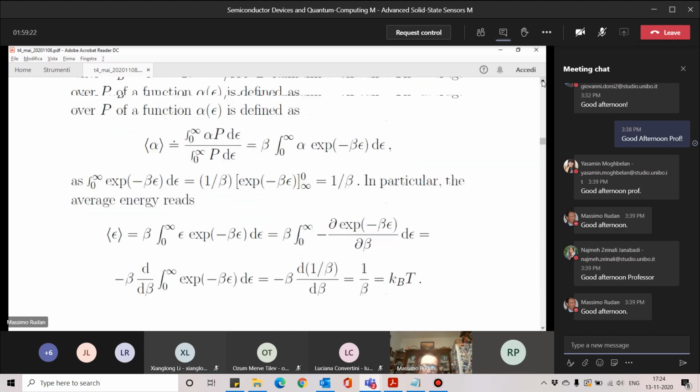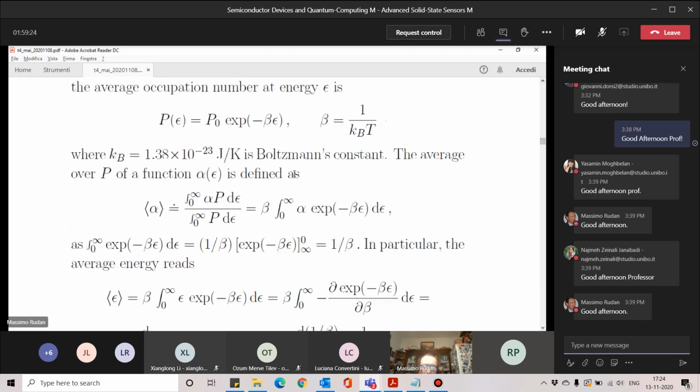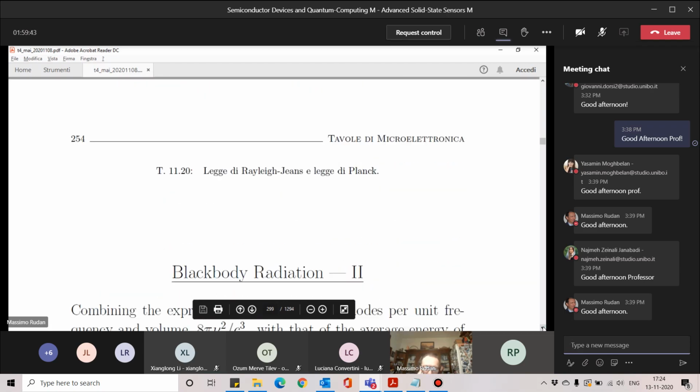average that we performed before, we need the integral of P that is in the denominator. And then we need the integral of energy times P. So we perform the integral on P first by replacing the integral with the sum over n.